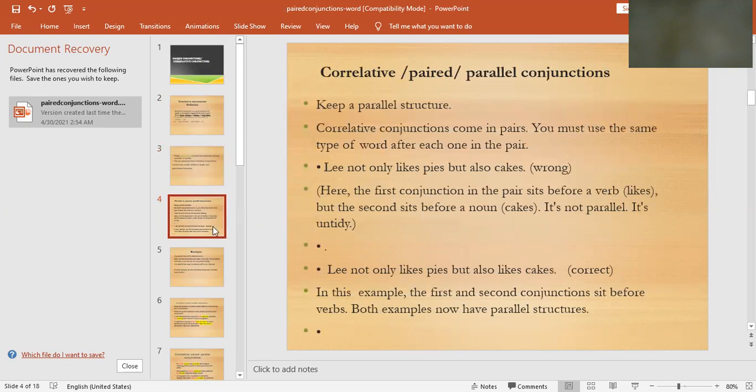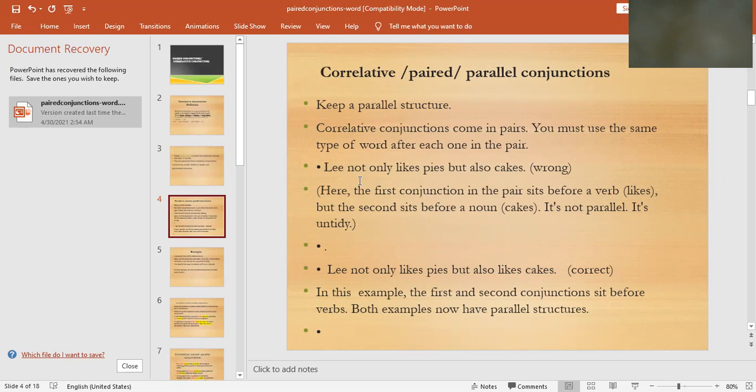Let's have more information about correlative conjunctions or parallel conjunctions. They keep a parallel structure. Correlative conjunctions come in pairs. You must use the same type of word after each one in the pair. Look at these examples.